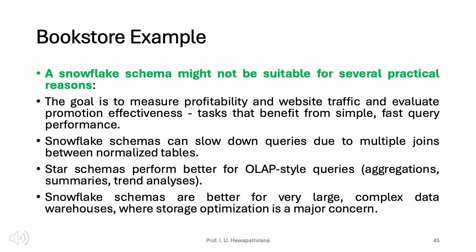Snowflake schemas, while more granular, involve multiple joins between normalized tables, which can slow down query execution. Star schemas perform markedly better for OLAP-style queries involving aggregations, summaries, and trend analyses. Snowflake schemas are more appropriate in very large, complex data warehouses where storage optimization is the primary concern.